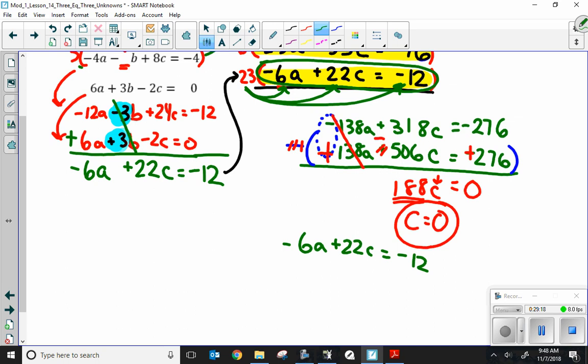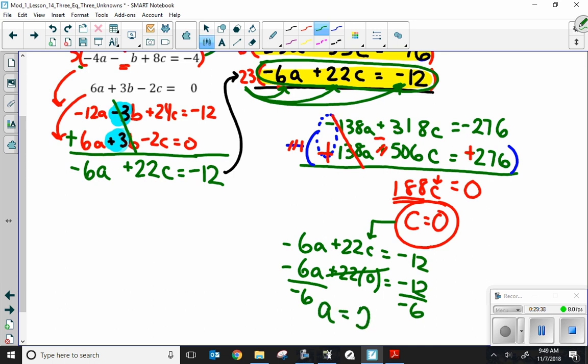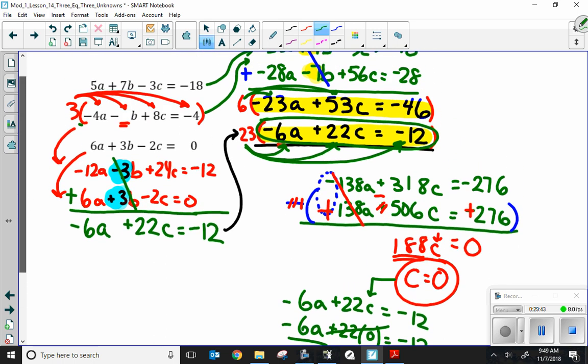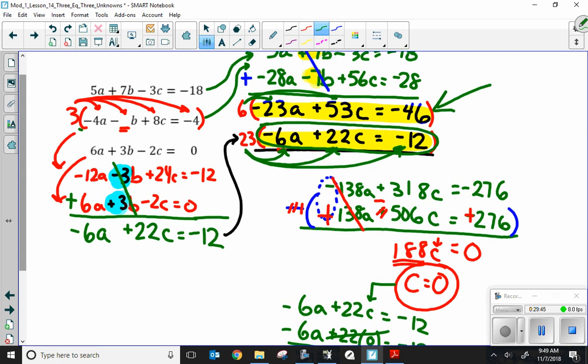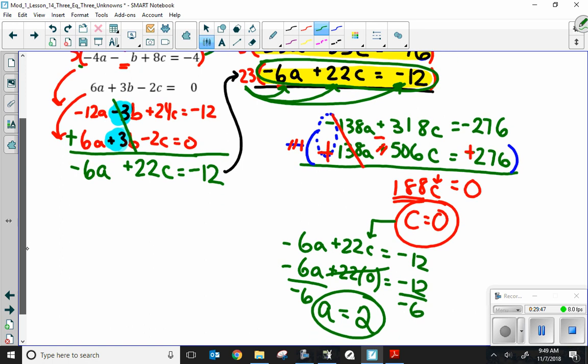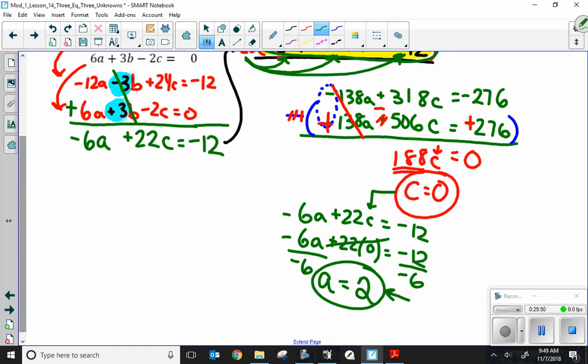Why did I pick that? Because once I throw in 0 for C, this goes bye-bye. It just becomes 0. So I just got to divide by negative 6. A should equal 2. Could I have picked my other equation up here? Yes. And guess what you would have gotten for A? You would have still gotten 2.